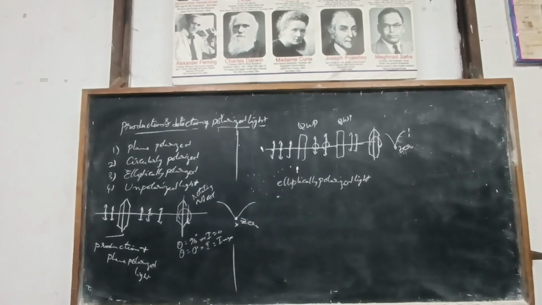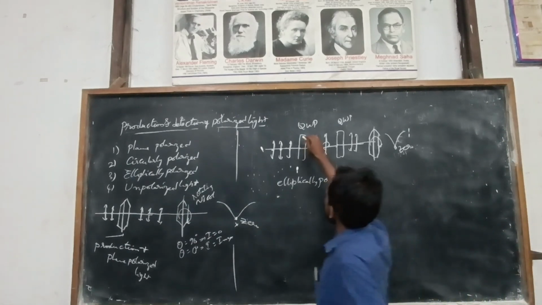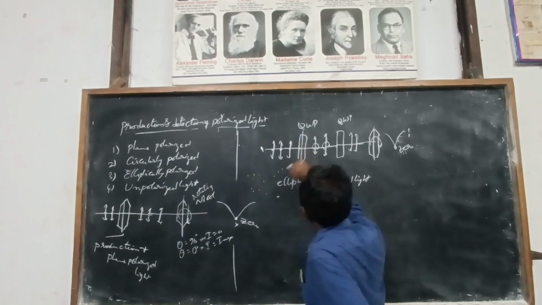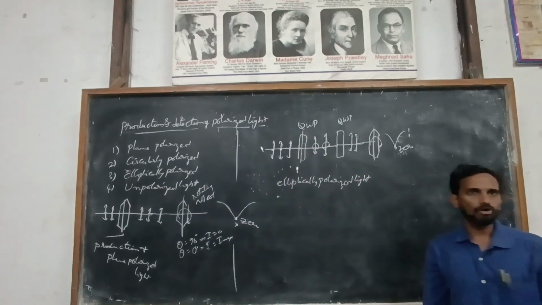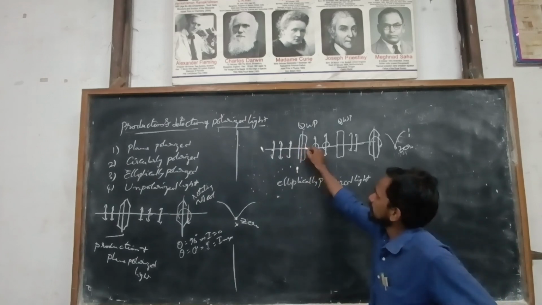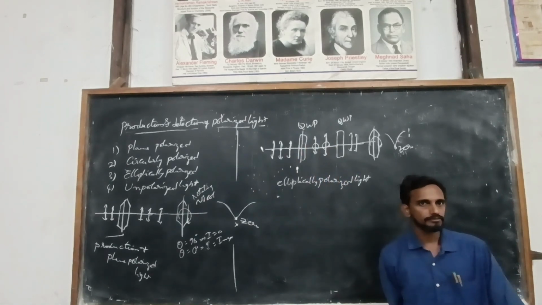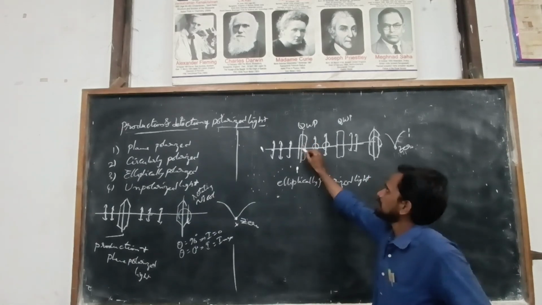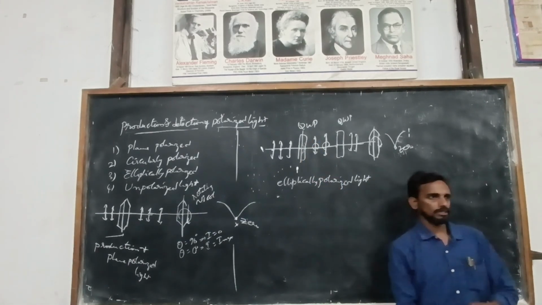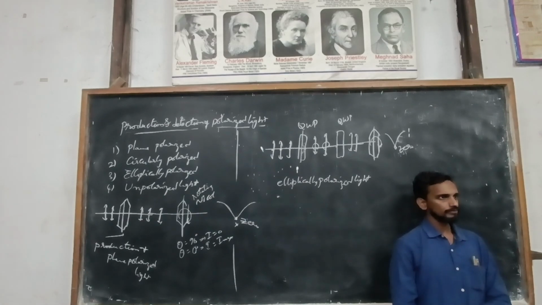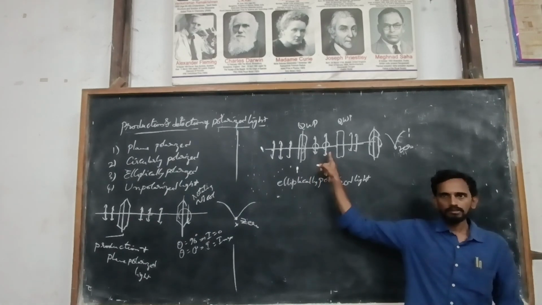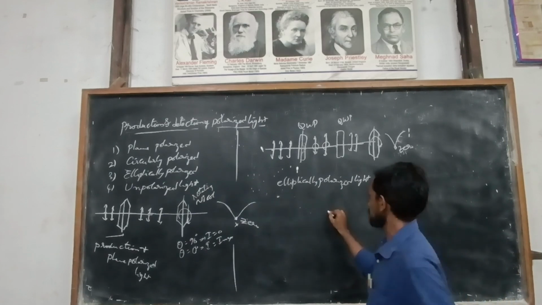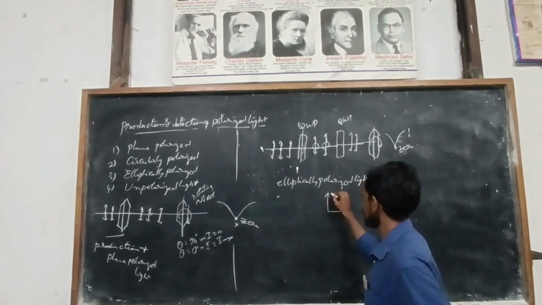Right. So here the optic axis of the quarter wave plate is exactly perpendicular to the incoming light. In that case, both the O ray and E ray will travel with a phase difference of pi by 2, and we get circularly polarized light, because the stretches along the x-axis and y-axis are equal.